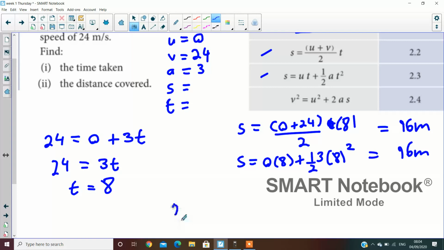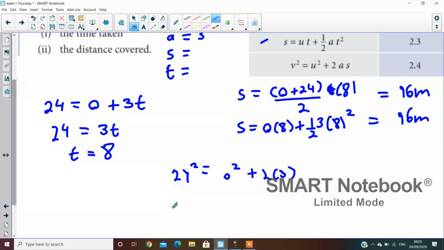You can just have 24 squared equals 0 squared plus 2 times 3 times S. 24 squared, anybody? I think it's 576, is it? So that's 576. And over this side, what's 2AS? So it's 6S. And then 576 divided by 6 is 96.